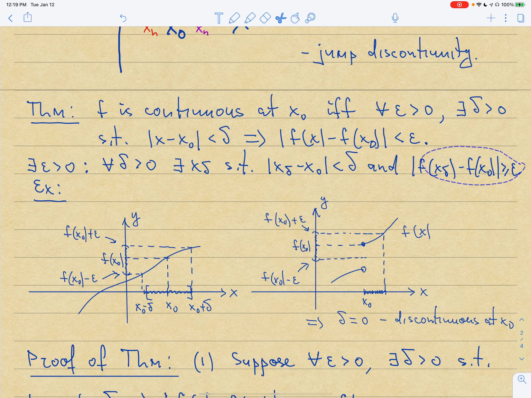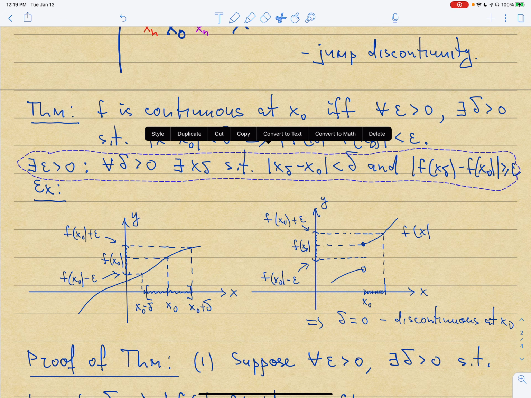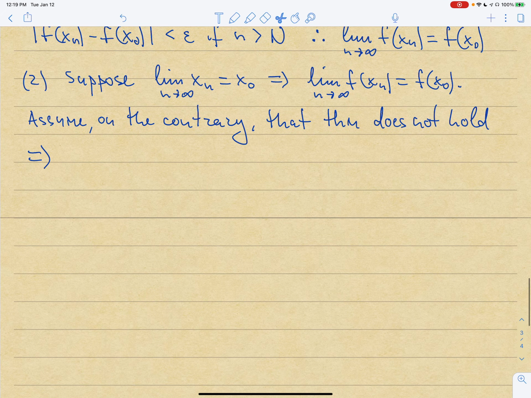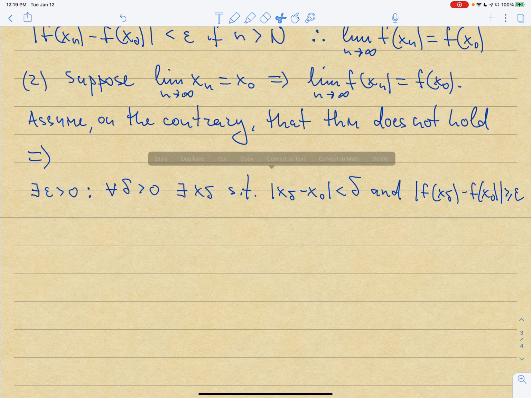So greater or equal than epsilon. Okay, so this is our contrapositive. And so we're going to assume that the contrapositive holds, right?